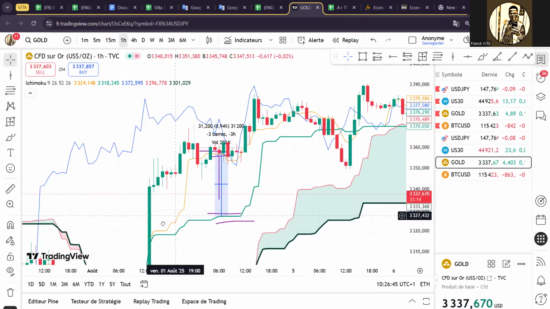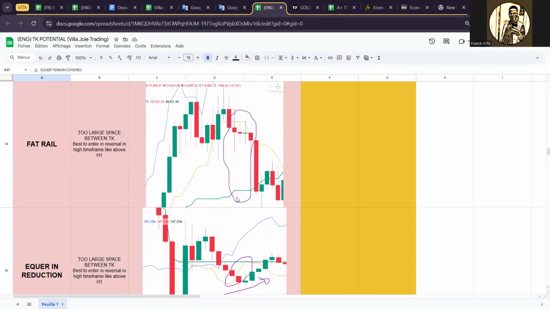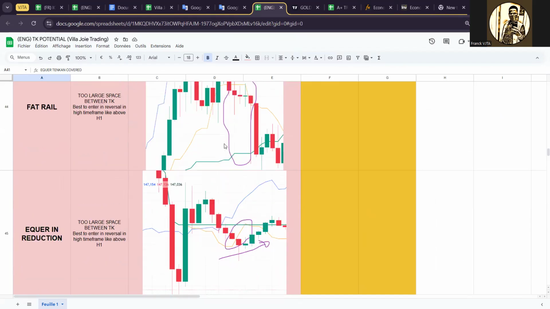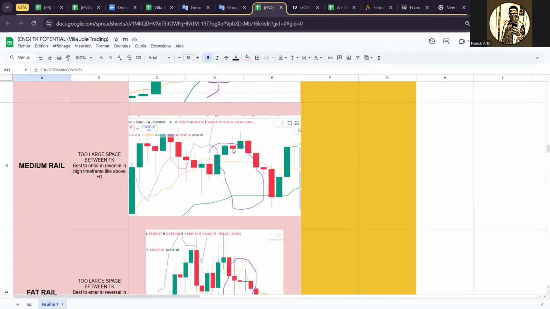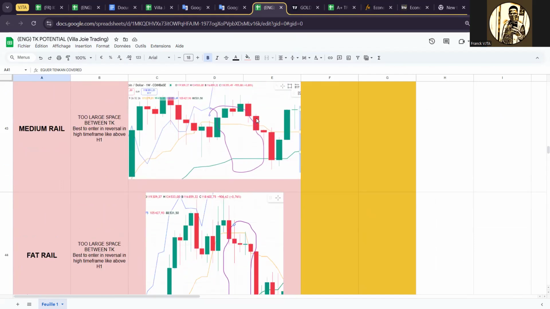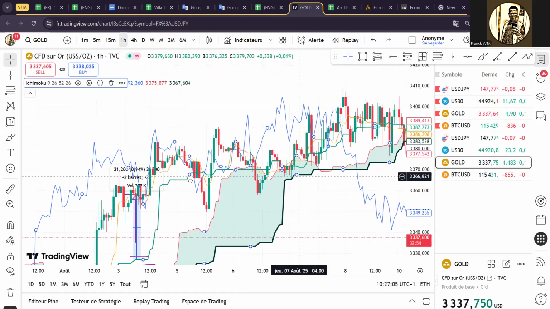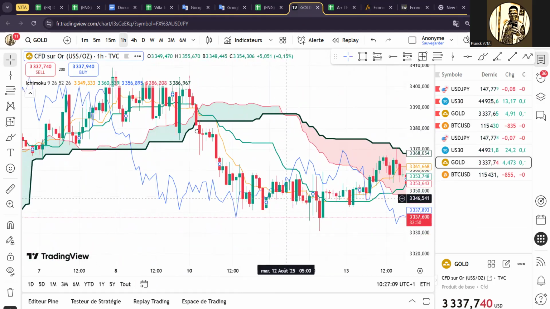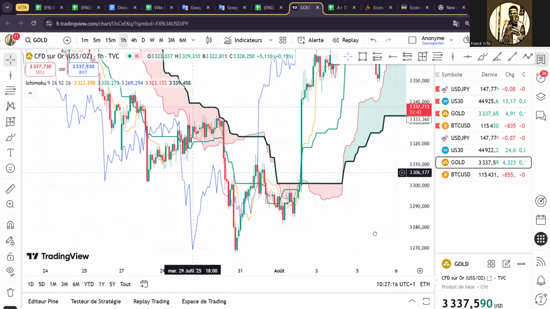But the fat ride that I'm talking about in the document is larger. You see how fat it is when you compare the three sides. The fresh one is just normal. The medium one is just there. Then the fat ride is just too huge to keep going down, to keep following the continuity of the orientation of TK.